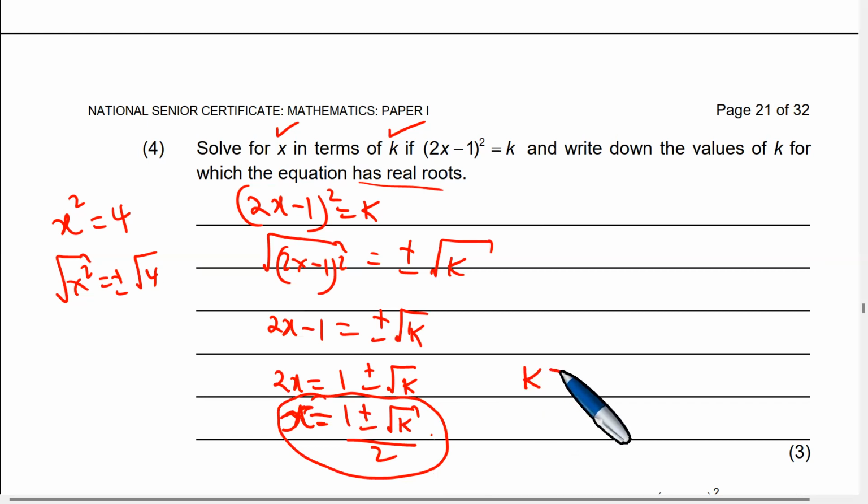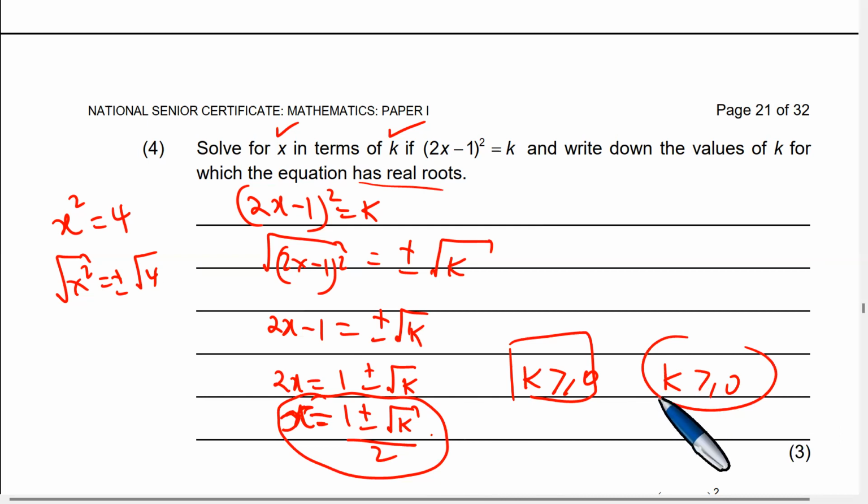We require that we take the square root of 0 or something positive. So whatever is under the square root must be greater or equal to 0. What is under the square root? It's k. And whatever is there must be greater or equal to 0. And that's the answer.